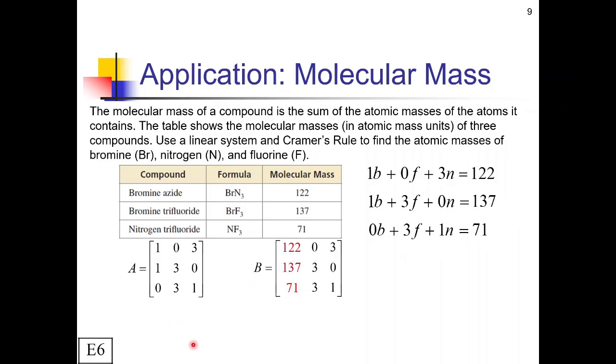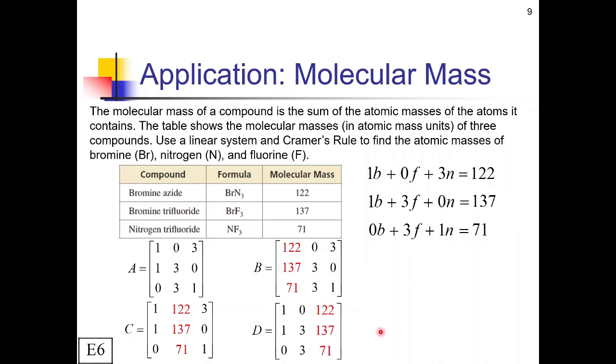The C matrix is going to have all the stuff the A matrix has, but I'm going to replace the middle column with 122, 137, and 71. And for the D matrix, again, I'm using the A matrix, but now I'm replacing the last column, the N column here, with my 3 constants.